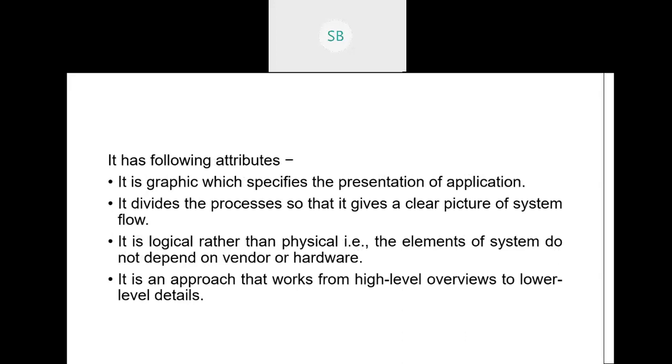So what are the attributes present in structured analysis? It's graphical, which specifies the presentation of the application, how it will look, all the graphics kind of things. Then it divides the processes so that it gives a clear picture of the system flow.